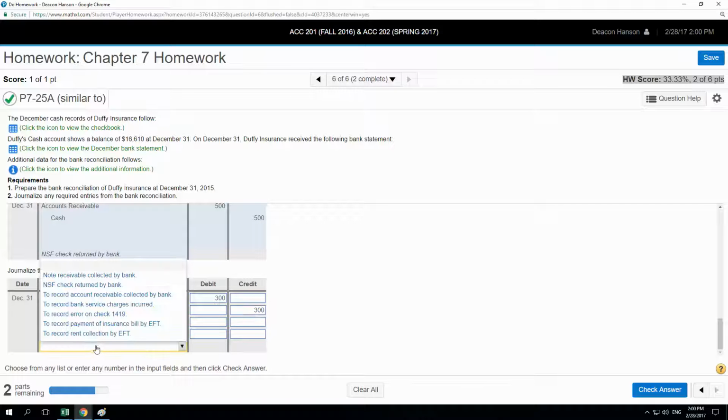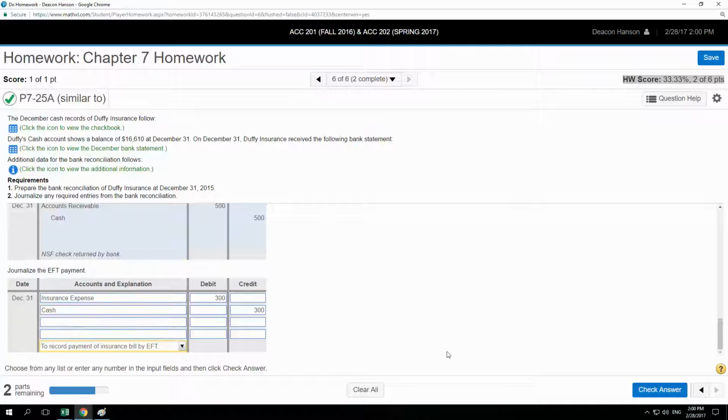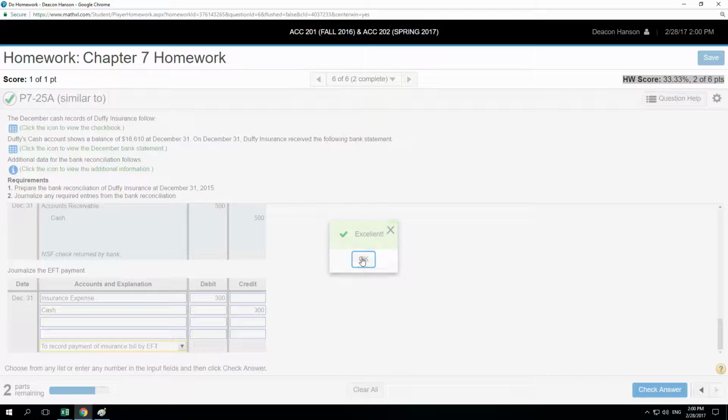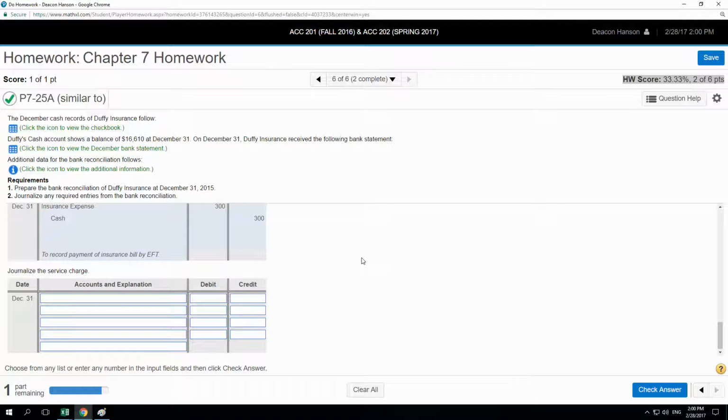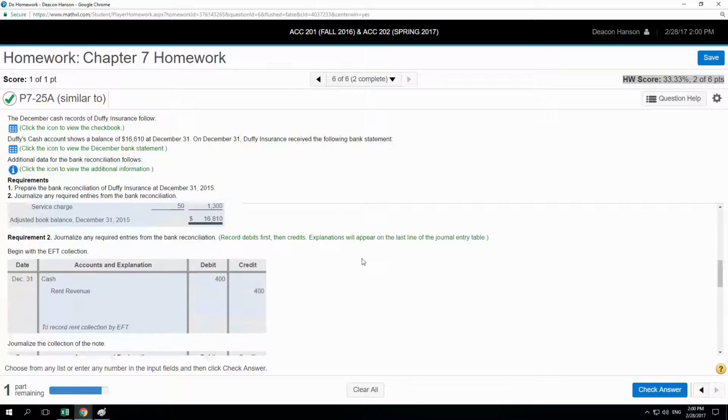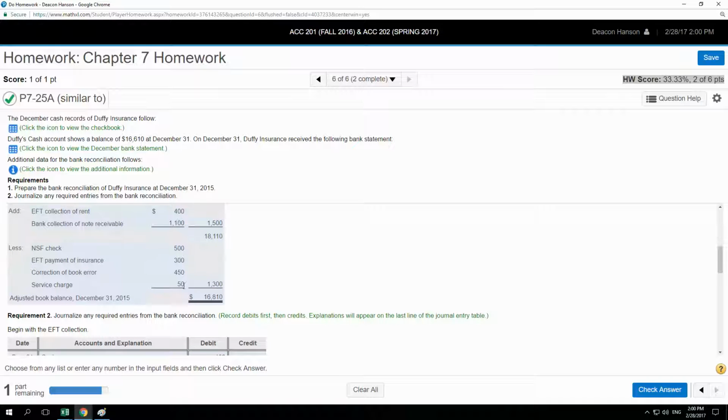Okay, this is the bank's. We're doing this to record the payment of insurance by EFT. Now I have a service charge. So the next one is a $50 service charge. I did the service charge after the correction of the error, but they want me to book the service charge first.